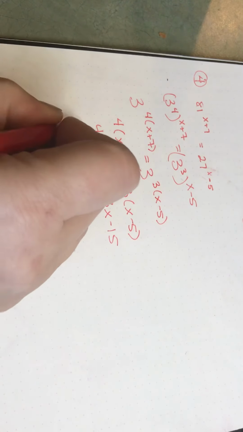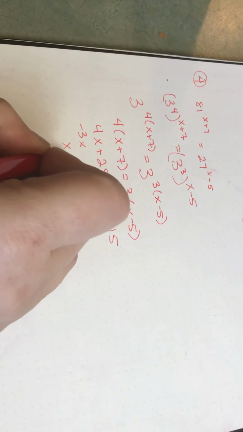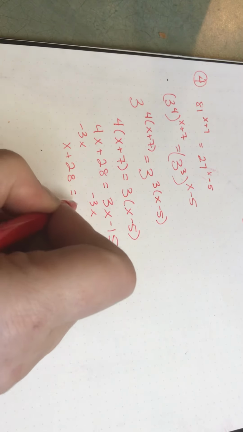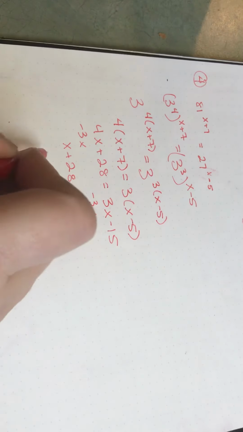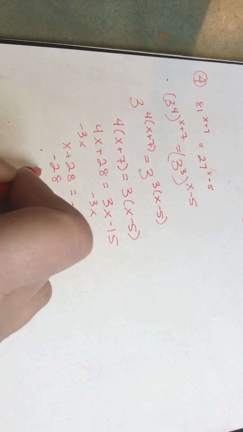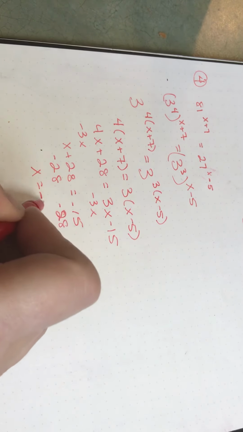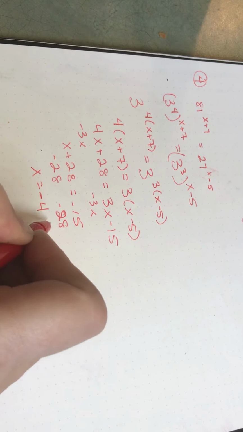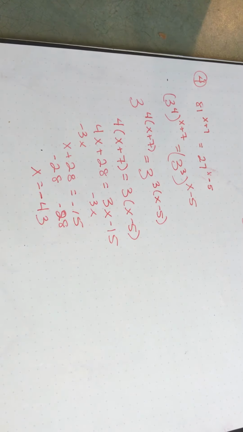Subtract 3x. x plus 28 equals negative 15. Subtract 28. x equals negative 43. Okay. All right, that's it.